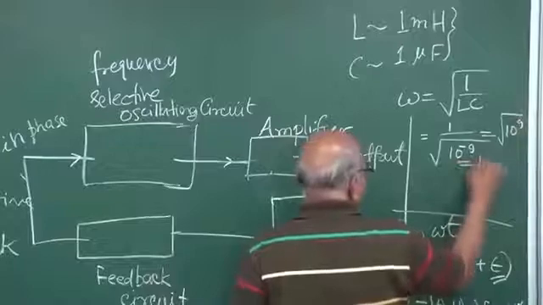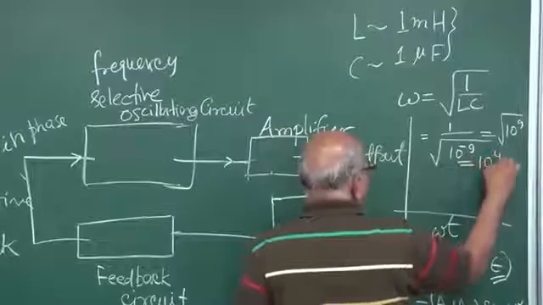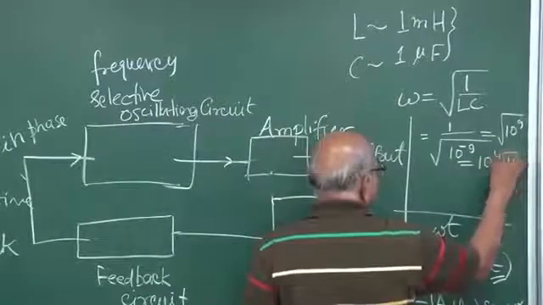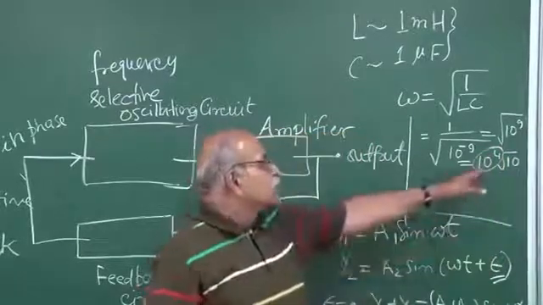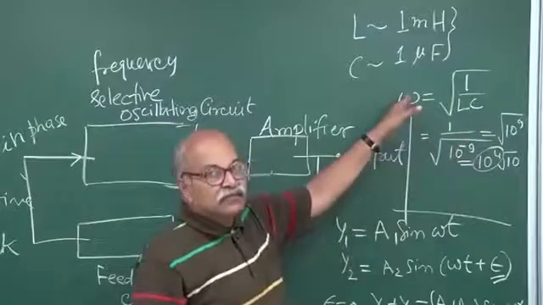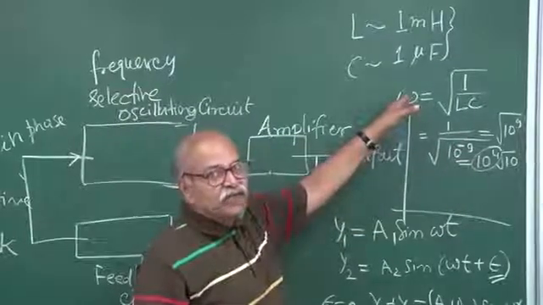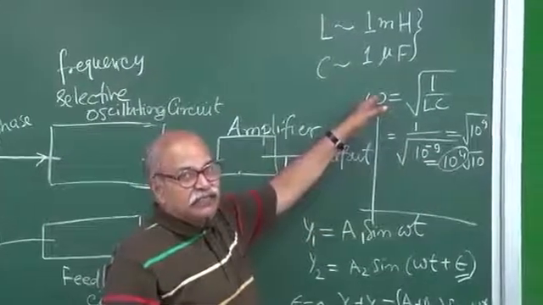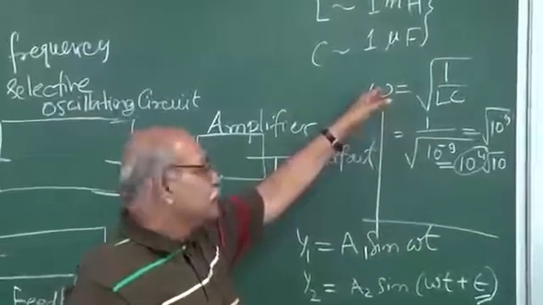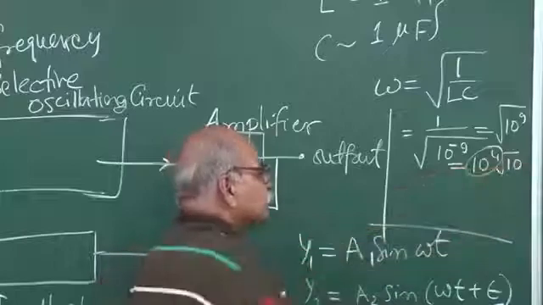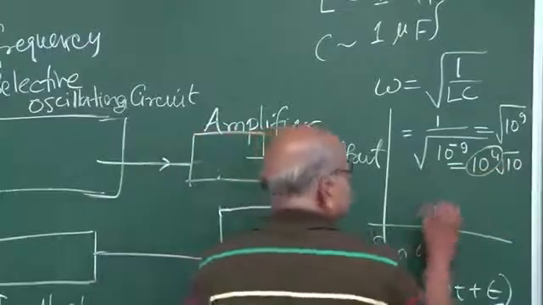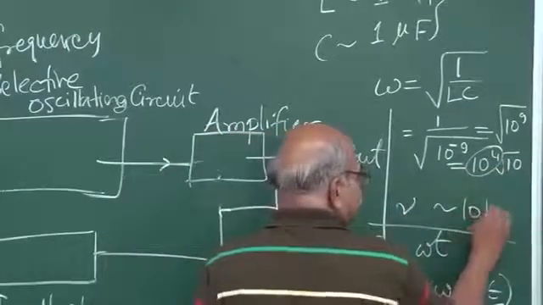So it is 10 to the power 4 multiplied by the square root of 10. So this itself is 10 kilohertz. This omega, of course, if you want frequency, you have to convert it by the 2 pi factor. You divide by 2 pi, so that is 6. That probably will be of this order. So your frequency is around 10 kilohertz.